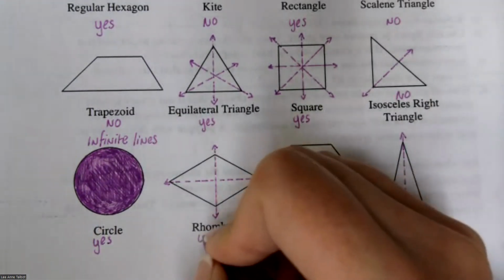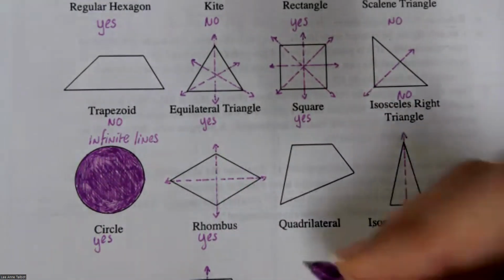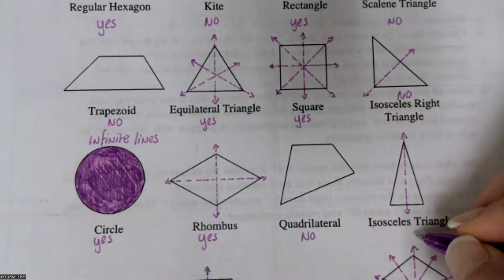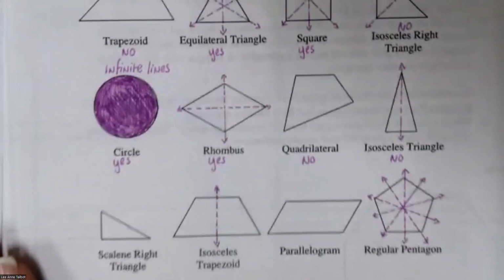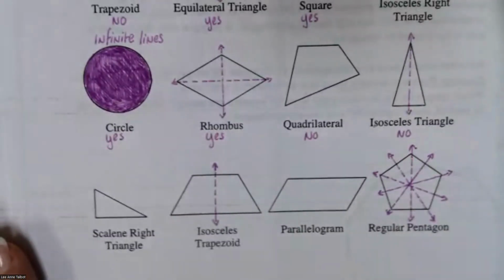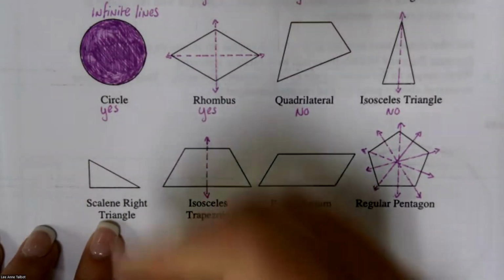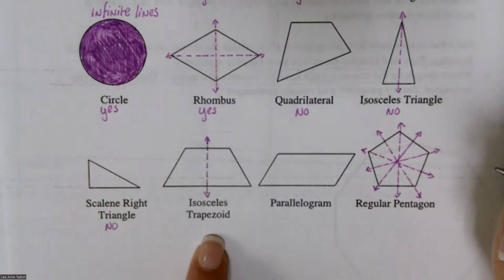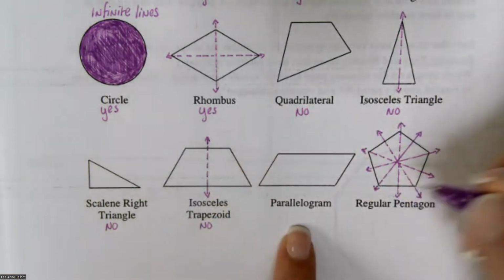Rhombus? Yes. Quadrilateral? No. Isosceles triangle? No. What about the parallelogram?